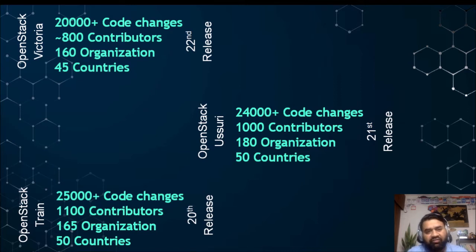You can see on average we are able to produce 20,000 plus code changes per release, which is a 6-month release cycle. On average around 1,000 contributors are still active in this community, more than 150 organizations are still active, and an average of 40, 50 or more countries are still involved.